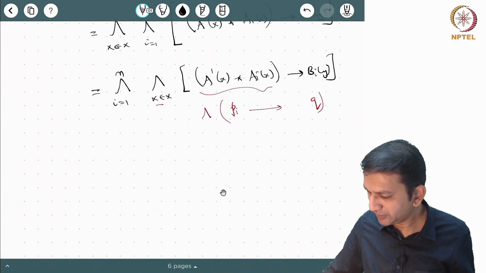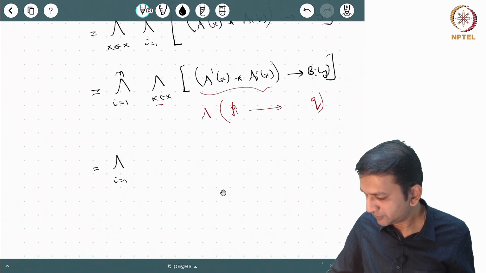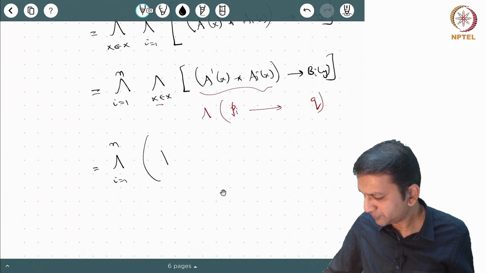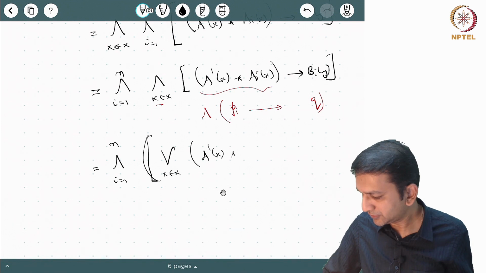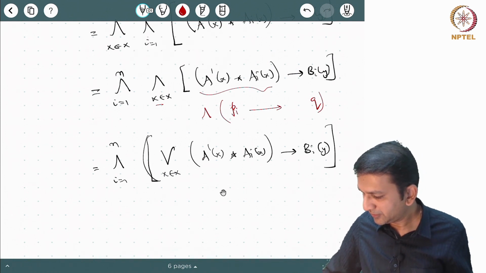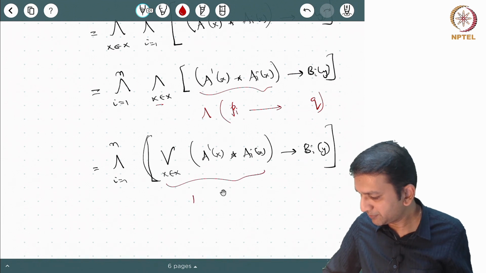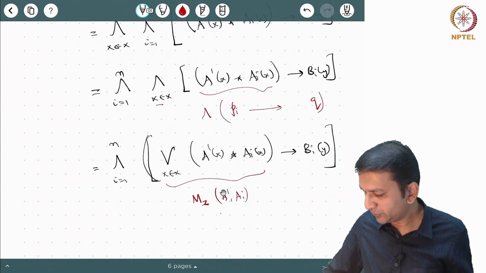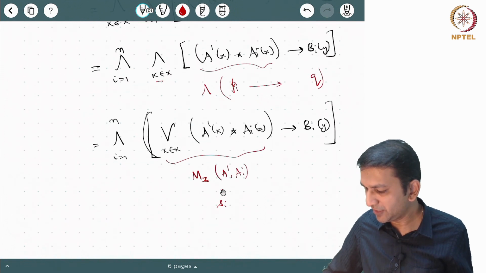When you push it inside, then it actually becomes the supremum over x element of X of A dash of x star Ai of x implies Bi of y. Note once again that this is essentially the matching function of A dash comma Ai, which we know is Si. So this is the similarity value.